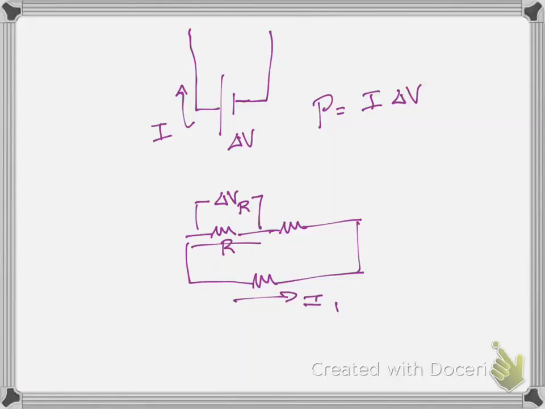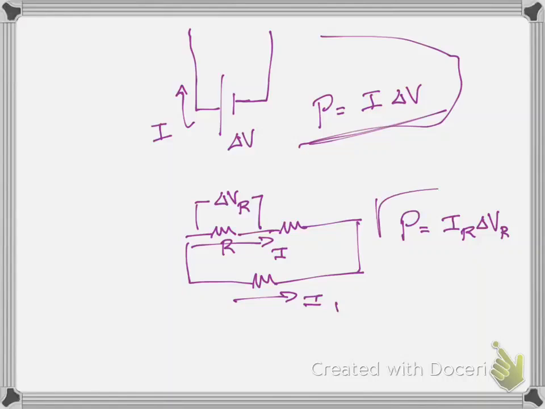There's a current through this resistor, we can call that I. Then the power used by that resistor is the current through the resistor times the delta V across the resistor, right? So this is the power supplied by the power supply, this is the power used by a resistor. It's all I times delta V, we just have to be careful about which I and which delta V.